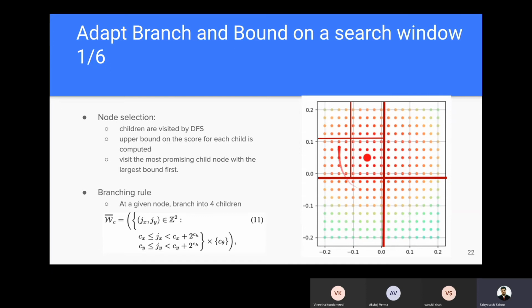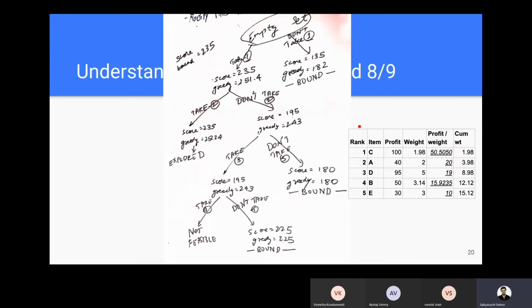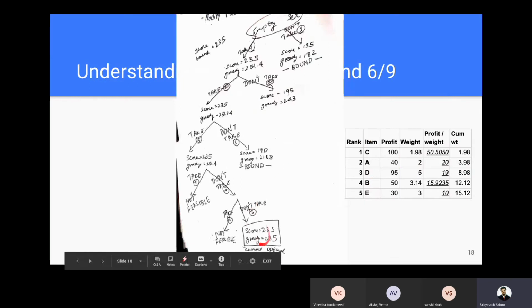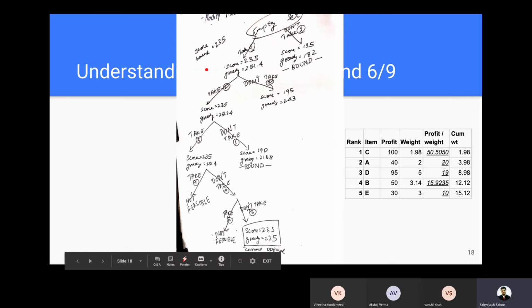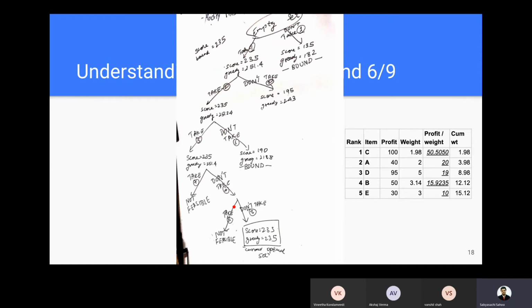Okay, and at any point, if we have explored some point first, once we reached a leaf node, we found that, yes, this is the 235 that we would like to go for. Of course, what I've actually explained is a slightly different variant. Typically, how branch and bound works is, at every node you keep calculating your greedy score and explore further or not.